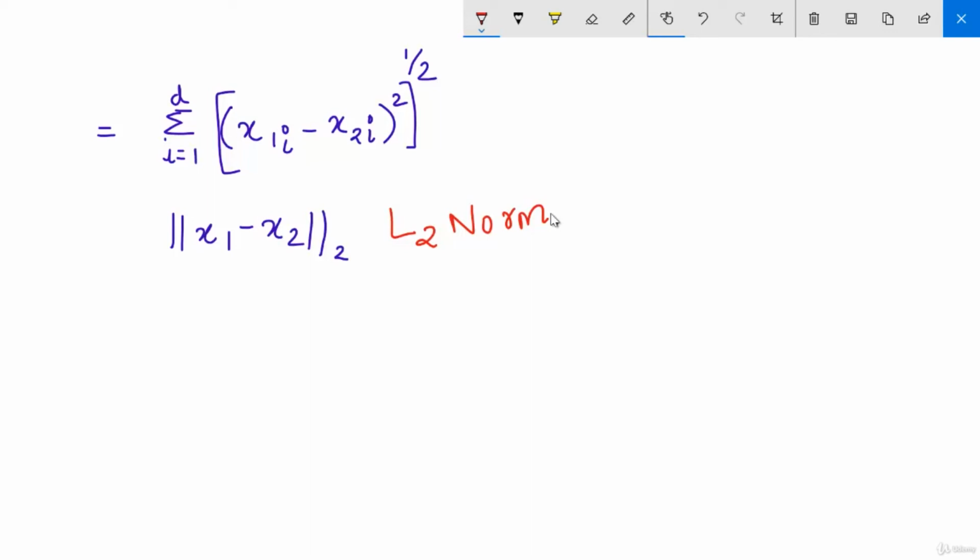I will be using all these terminologies a lot, and I will explain them when it is the right time. Okay, so this is your L2 norm. Are you clear with this? So in short, if I am calculating my Euclidean distance, I am calculating my L2 norm.